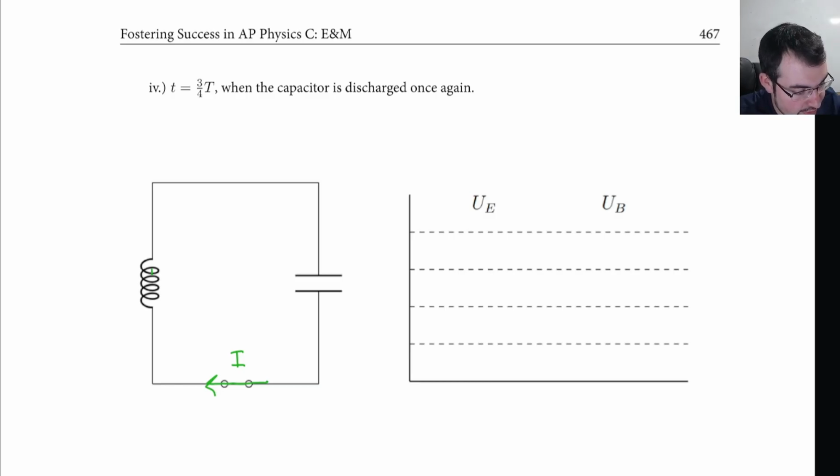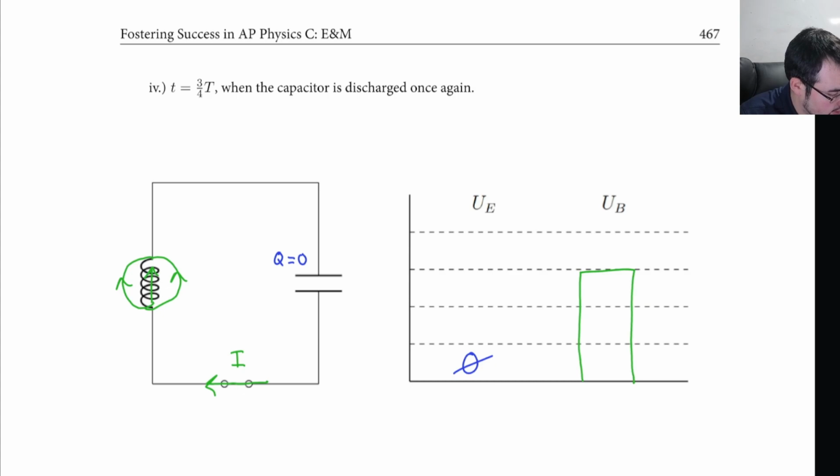So that means our B field through the inductor is going to exist once more, and it might look something like this. And if it's maximum current, we're fully discharged. So this means we have none of our energy in the electric field and all of it in the magnetic field.